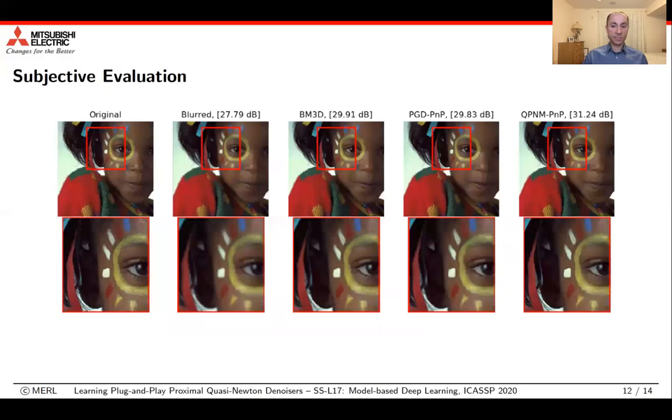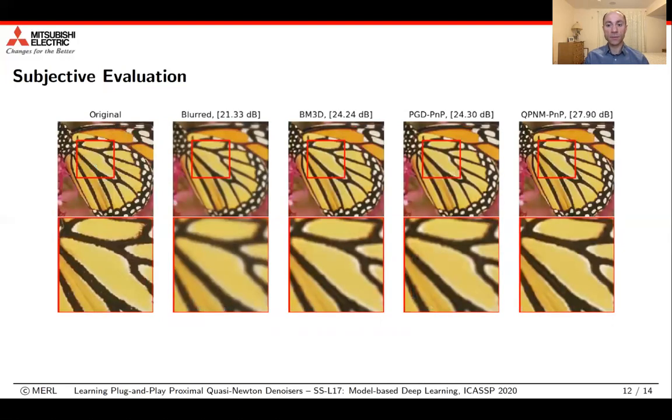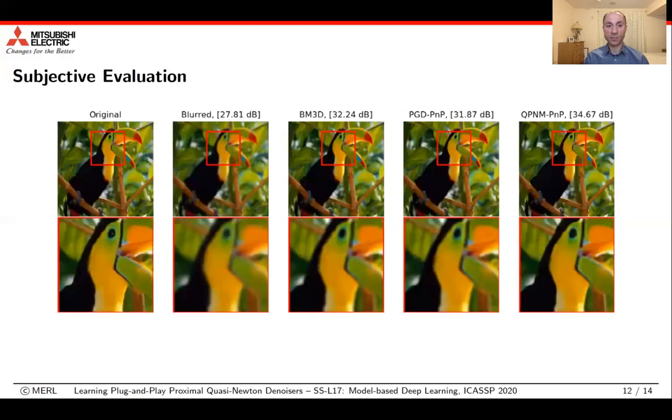And just to see some subjective results, you can look at the last column compared to the other ones. The last column definitely shows that it has crisper and sharper images than the other ones. This is for the one example with the girl, another one with the butterfly, and again, you can see the edges are much sharper in the last image compared to the other ones, and same thing with the bird.